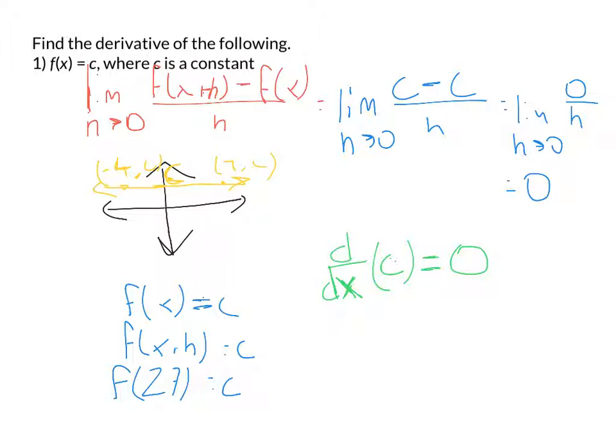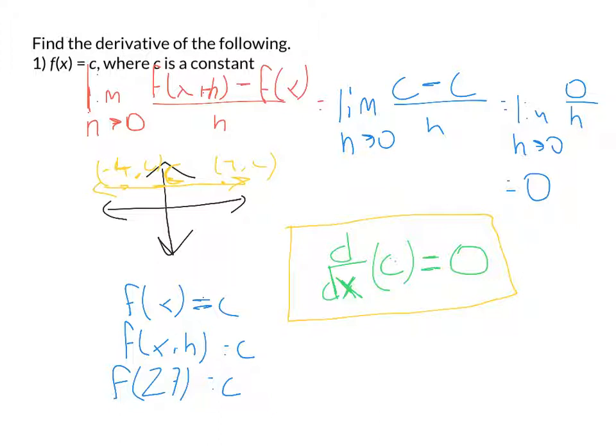Whatever we put in, the output is c, and so we have this horizontal line. And remember, the limit is evaluating the slope of that line at a given value. So the slope of this line, no matter what, is 0, and therefore the derivative of our original function is always going to be 0.